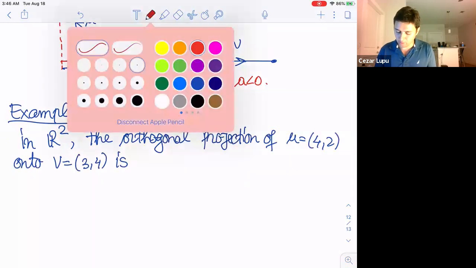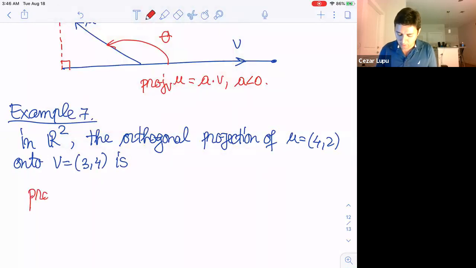We have the following formula. The projection of u onto v will be nothing else than just u dot v over v dot v times v.